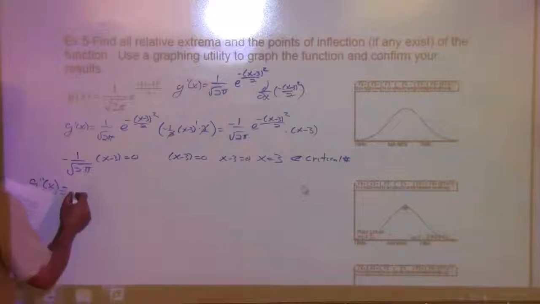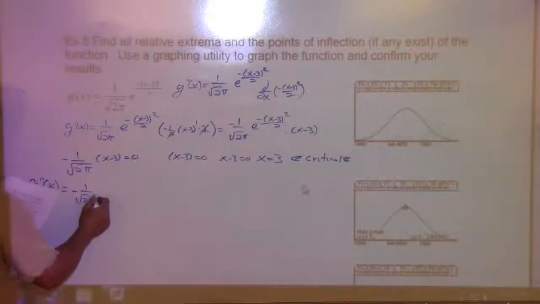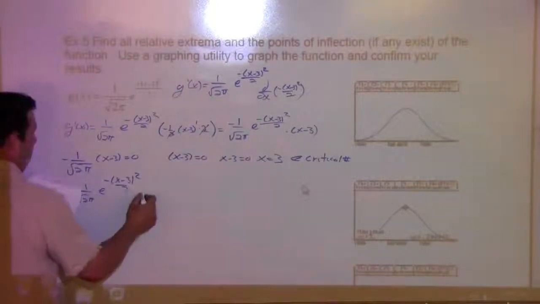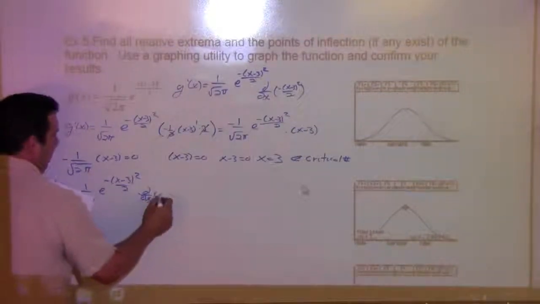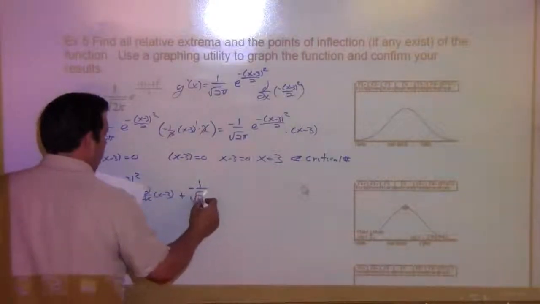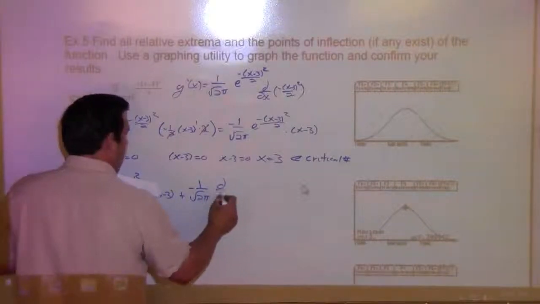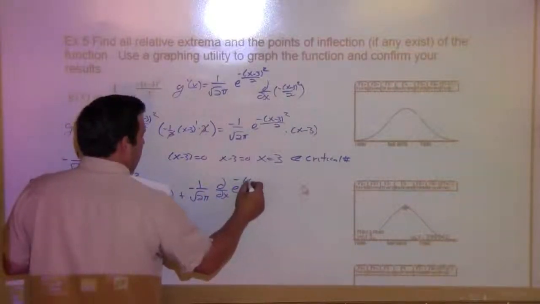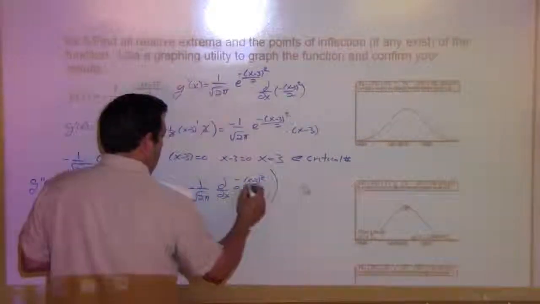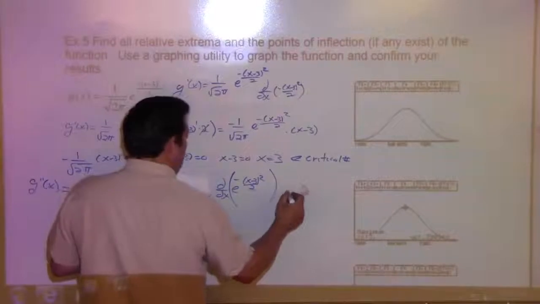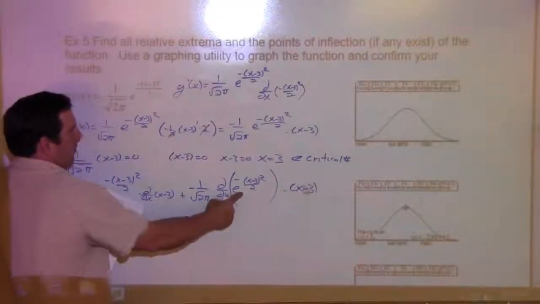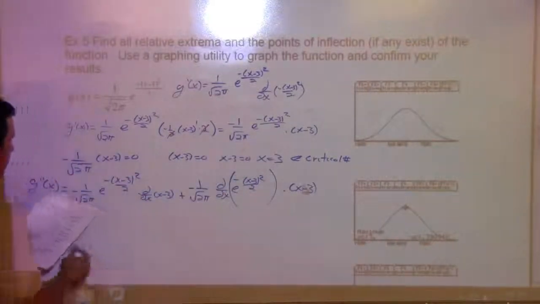So we have negative 1 over the square root of 2 pi times e to the negative of x minus 3 squared over 2 times the derivative with respect to x of x minus 3, plus negative 1 over the square root of 2 pi times the derivative with respect to x of e to the negative x minus 3 squared over 2, and then we're going to multiply by x minus 3. And the key here is we already found this. That's our first derivative. That's this answer up here.